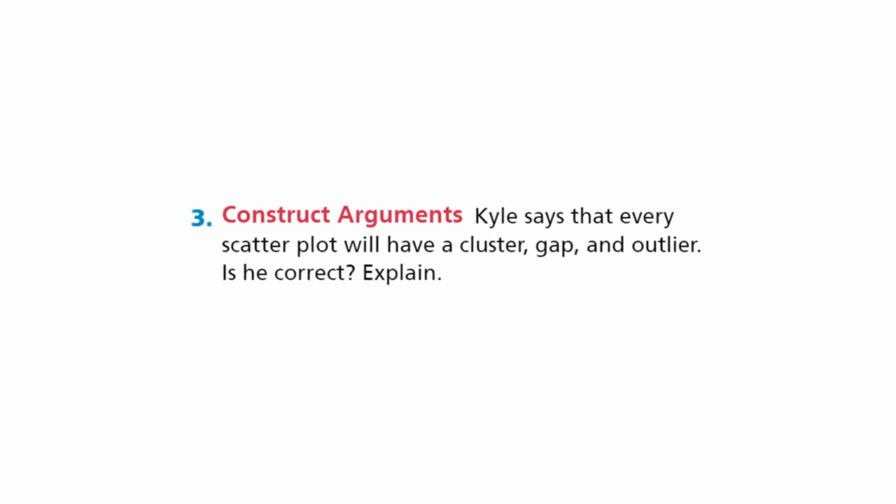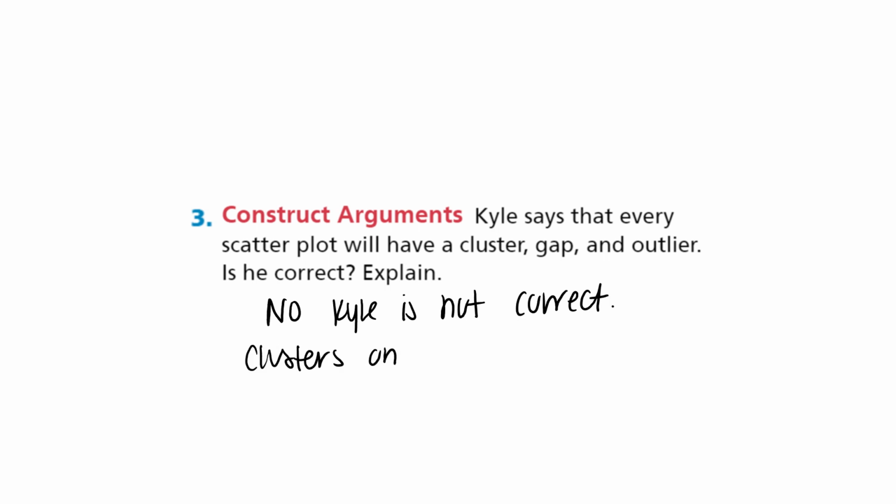Number 3. Kyle says that every scatter plot will have a cluster, gap, and outlier. Is he correct? Explain. So no, Kyle is not correct. Clusters only occur if data points are closely related.